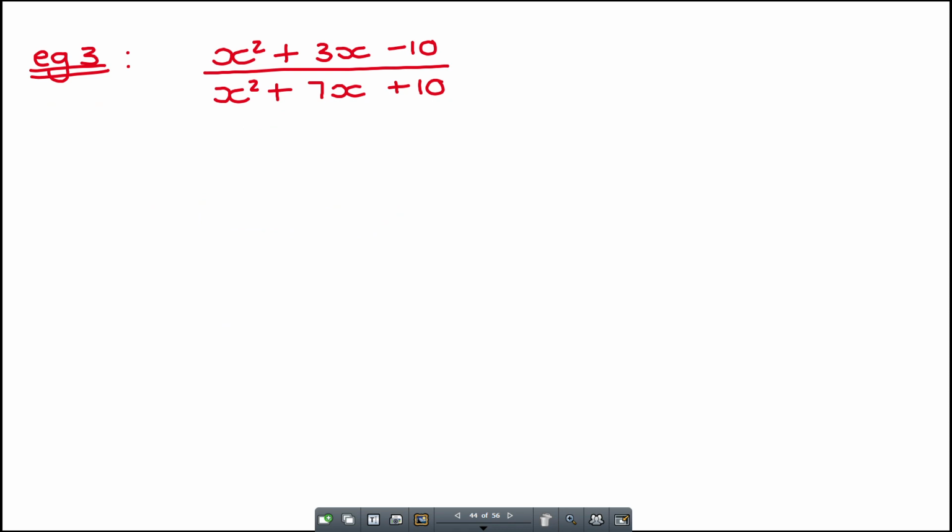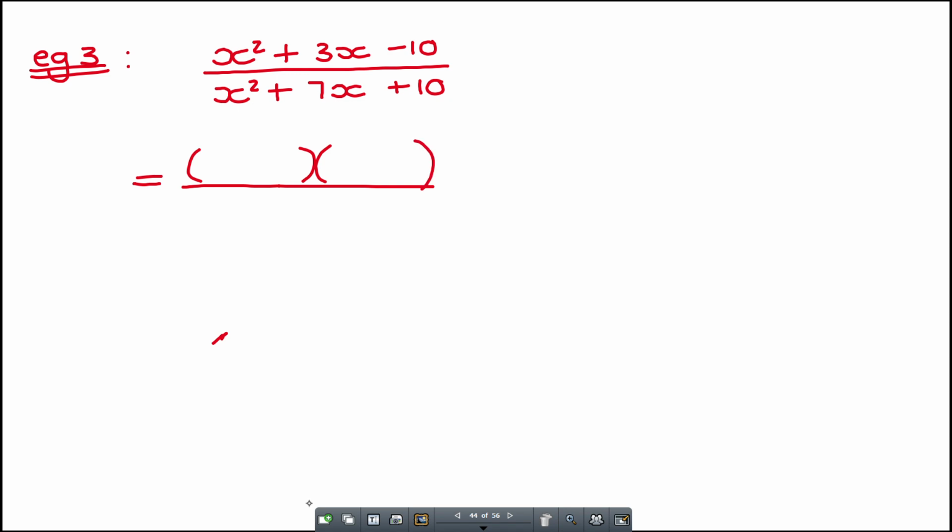Right. Last example. At the top, what do I have? 2a plus... 3 terms meaning it's a trinomial. So at the top, that's going to become 2 brackets.